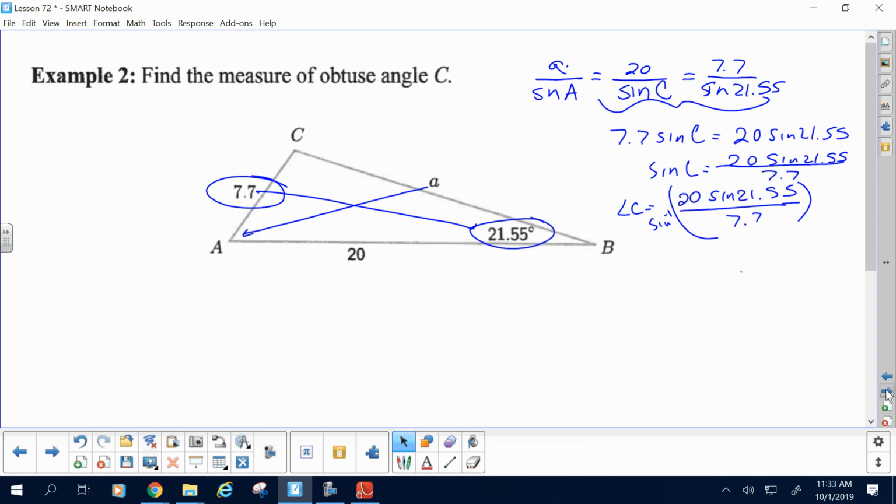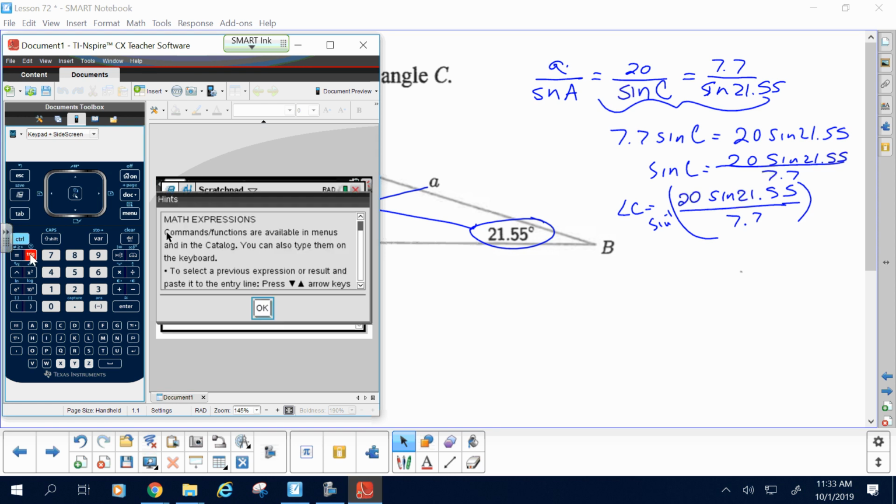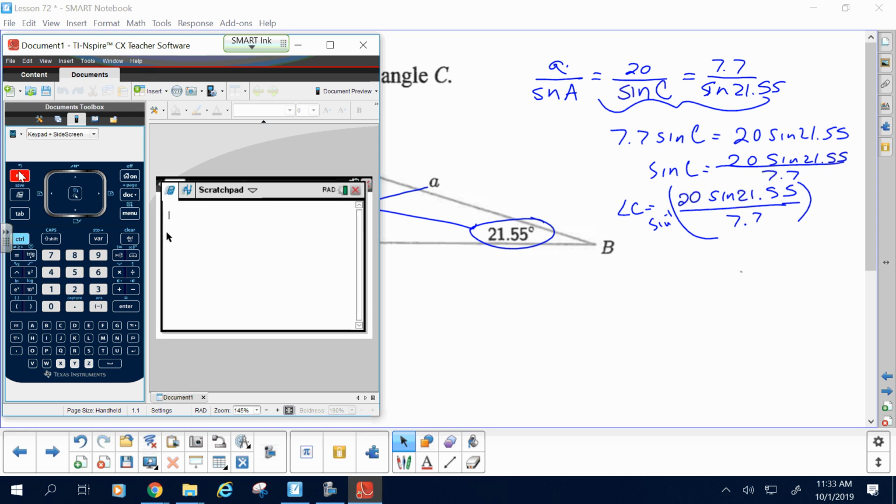Would you throw that in your calculator? Inverse sine of 20 sine 21.55 divided by 7.7. Inverse sine is in the trig menu. I'm in radians, so I'm going to have a problem.